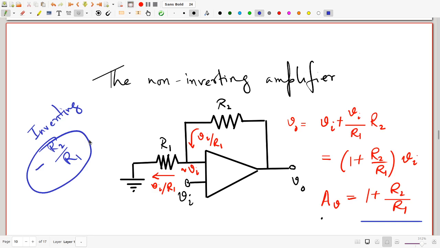Which is one reason why the inverting amplifier is preferred in many op-amp circuits over the non-inverting amplifier, simply because it gives you a huge flexibility. And there's another flexibility here as well. We might say that the inverting amplifier always gives you a negative gain. So what if you want a positive multiplying factor? The answer to that is two negatives make a positive.